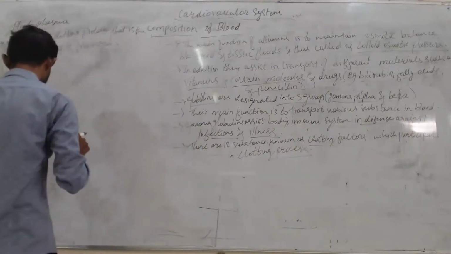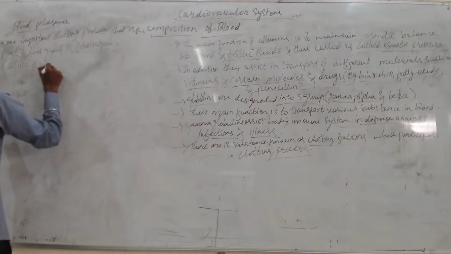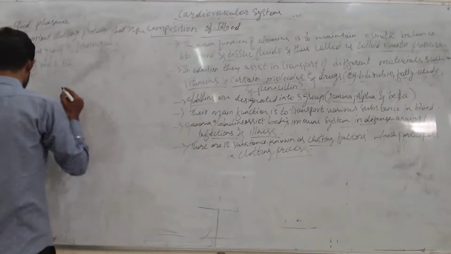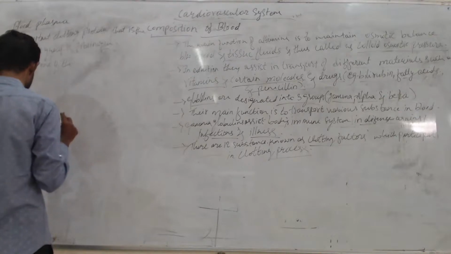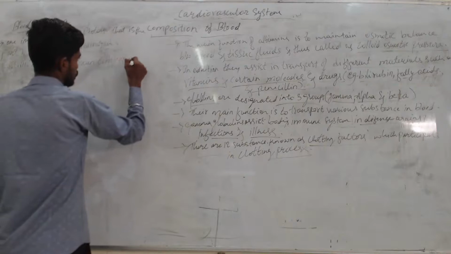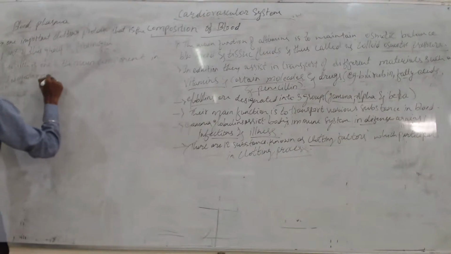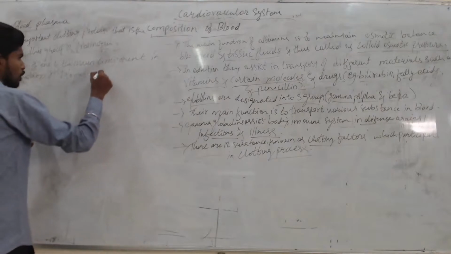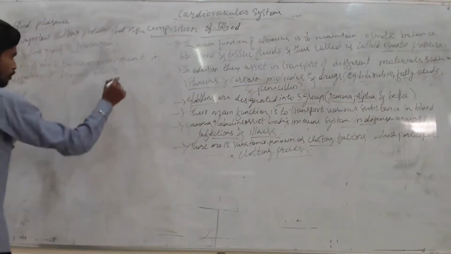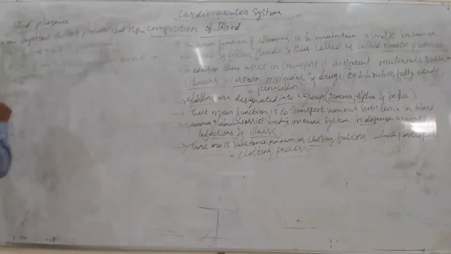Fibrinogen is one of the main components in the formation of blood clots, and the most important component in the formation of a blood clot is fibrinogen.